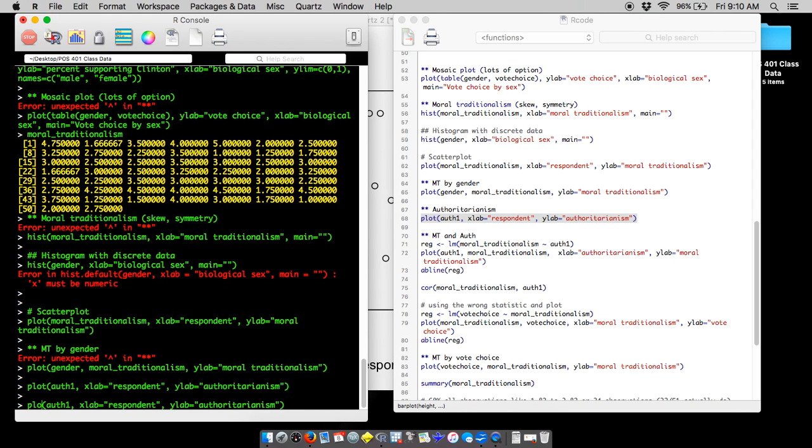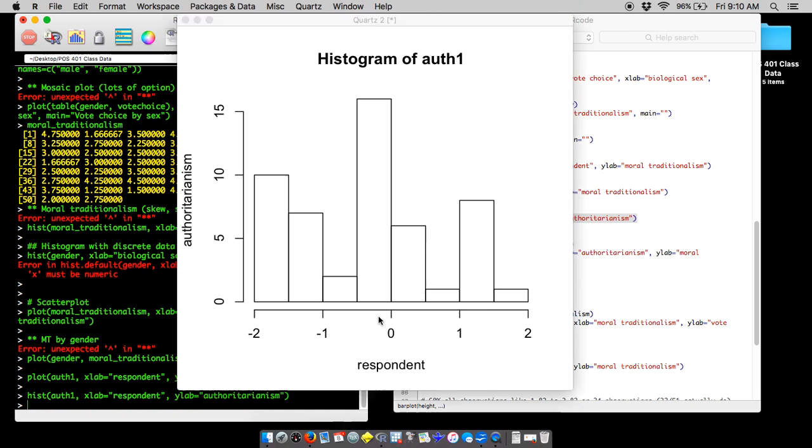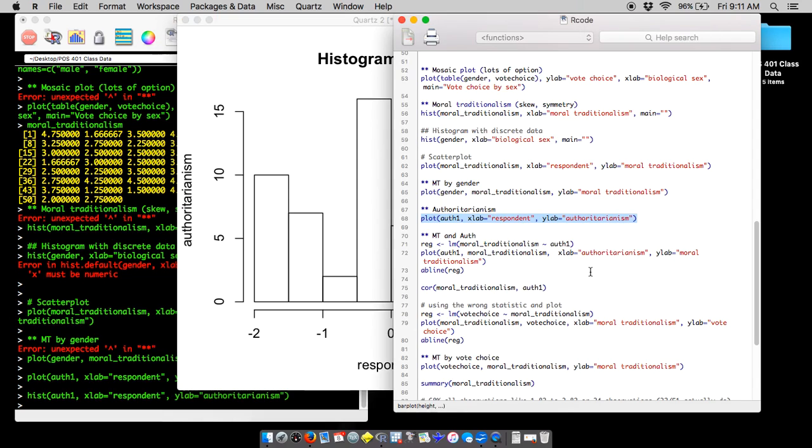So let's do that. I just changed this to histogram, and here we get a better picture of where the data lie. We can see a lot of people are sort of neutral on this. They value both the authority and the less authoritarian personality, with only a few, about 8 or 9, maybe if we add up all these columns, about 10 people who would be classified as having an authoritarian personality.